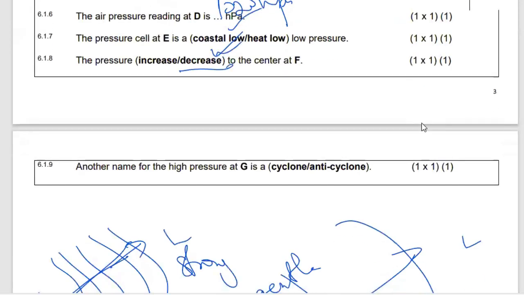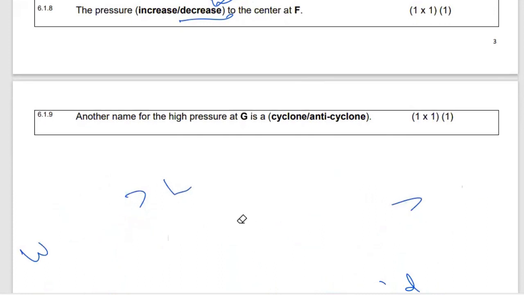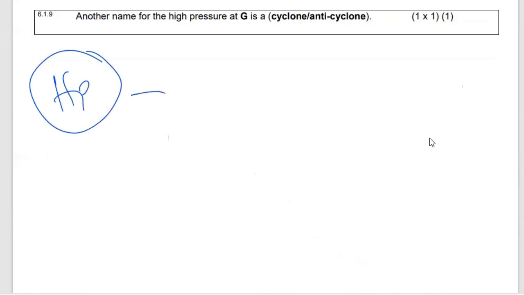Right, then the last one: another name for a high pressure at G is cyclone or anticyclone. Whenever we have a high pressure, like what I've been mentioning, we have the South Atlantic high pressure, the South Indian high pressure, the Kalahari high pressure. All those high pressure cells are summarized as anticyclones.